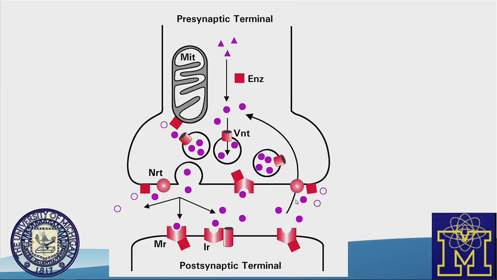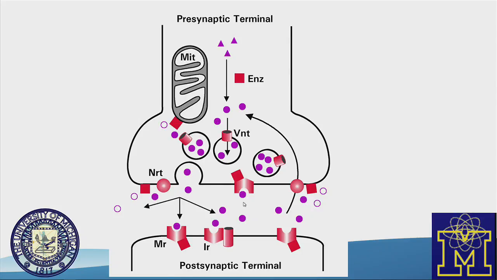There are reuptake mechanisms at a number of synapses to terminate and recycle the released neurotransmitter. There are, of course, enzymes for breakdown of neurotransmitters. Some are located extracellularly associated with the synapse membrane. Some are intracellular, such as MAOs, for instance, and they are associated with mitochondria.